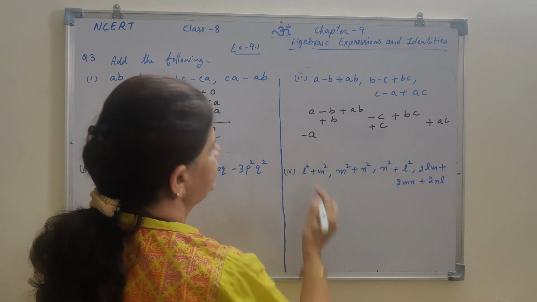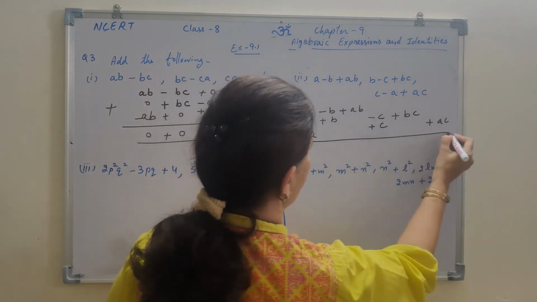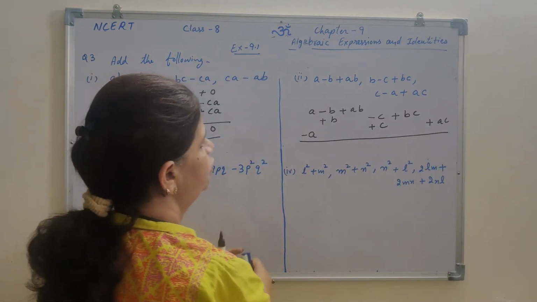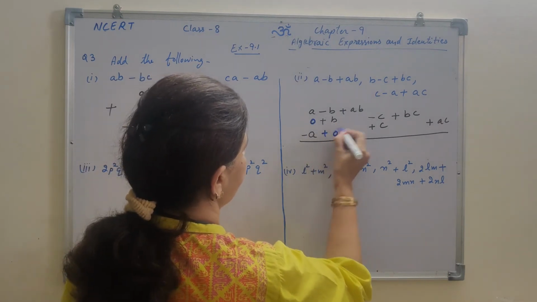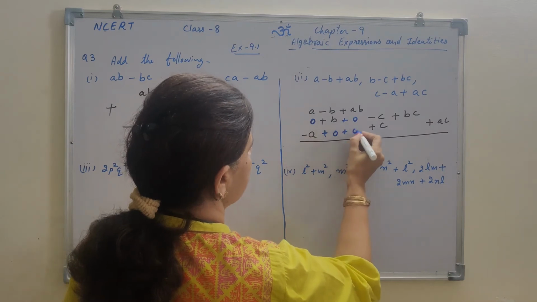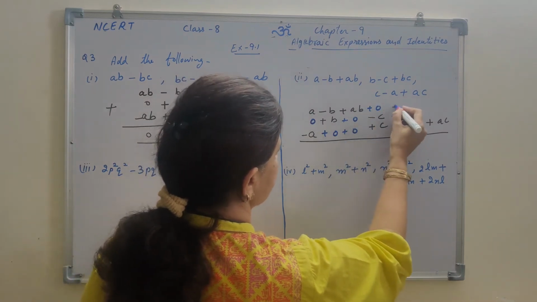At the remaining places, if you want to put down zeros, you can do, or if you don't want to, you can do it like this also, that is also fine. Otherwise you can put 0 in the remaining places like this.